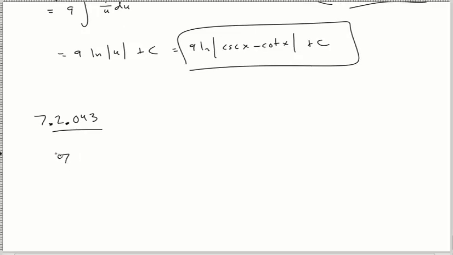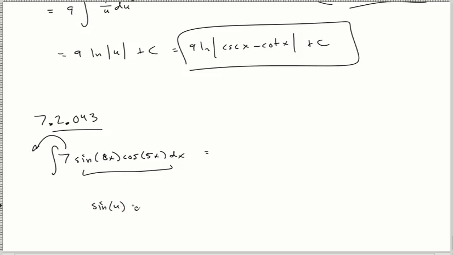Next one. So I got the integral of 7 times the sine of 8x times cosine of 5x dx. So what's the trick here? There's always a trick, right? Move the 7 out for sure. This has got a special feeling to it. If you remember, there's formulas near the bottom of that one trig formula page.